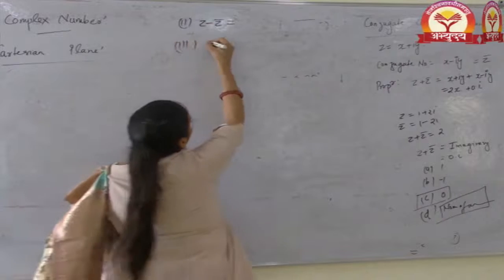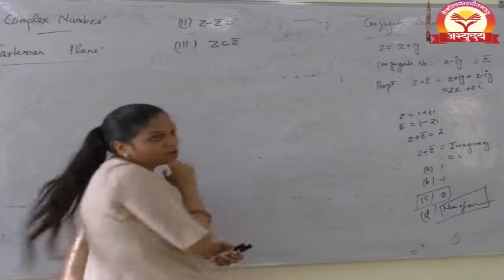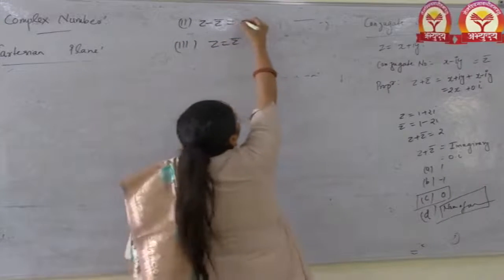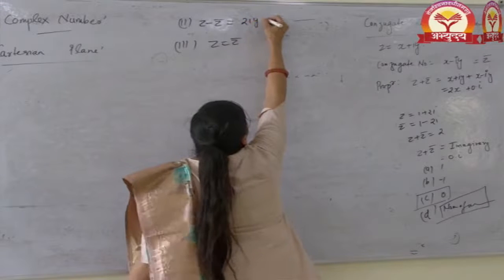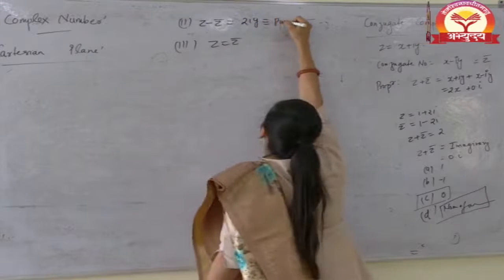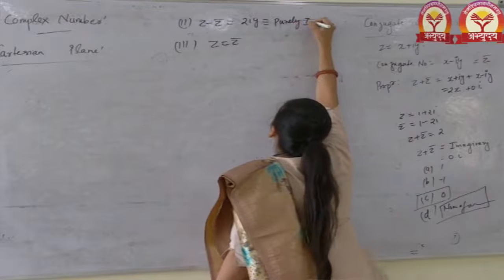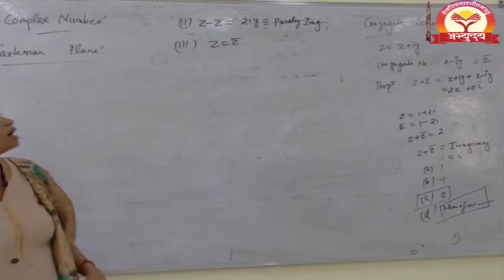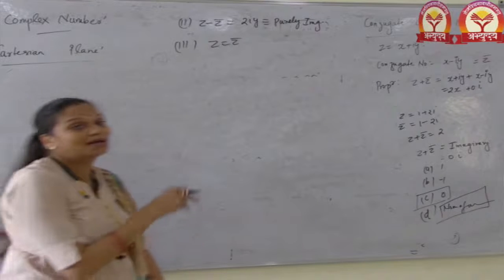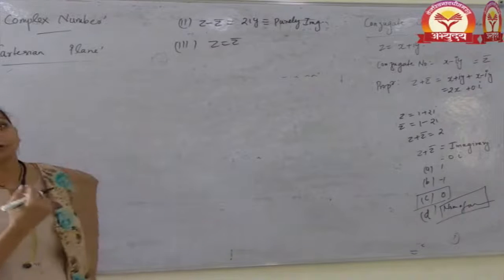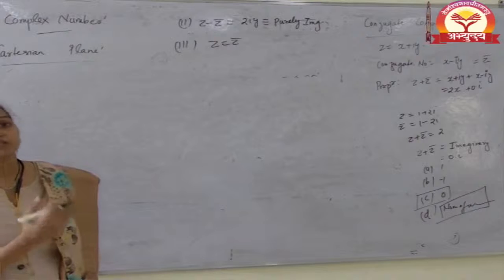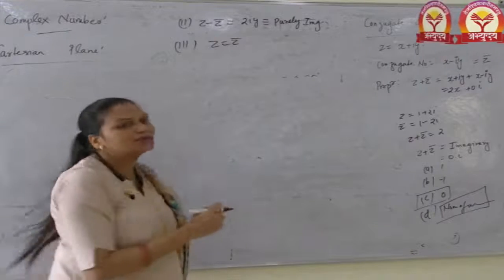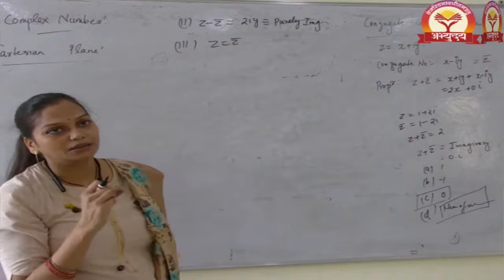Number 3, if z is equals to z bar, is what, this one is what, 2iy. 2iy का मतलब this one is purely imaginary. ठीक है? तो इस पे भी क्वेश्चन होगा कि suppose z minus z bar is a real number, then what is the possibility for this? This should be 0. 0 is the best answer for this, कि हम 0 ही लिख सकते हैं अगर वो रियल की कंडीशन है. ठीक है?